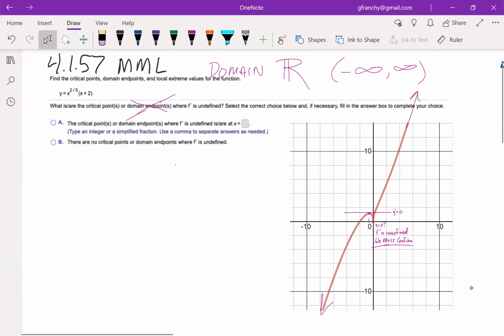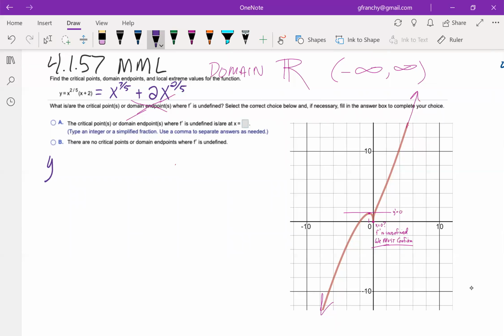So now let's go back and find the derivative. And I'm going to do one quick thing before I take the derivative. I'm going to multiply this out, because if I multiply this out now, I don't have to worry about using the product rule when I take the derivative.